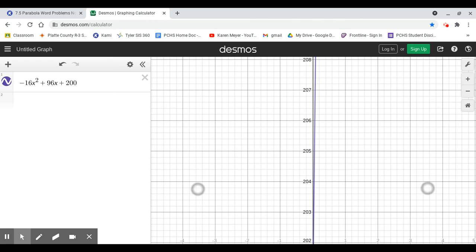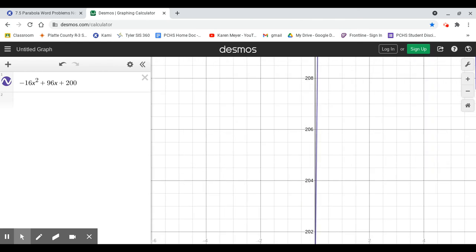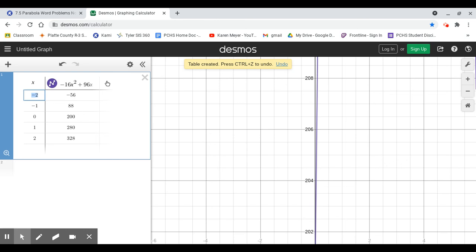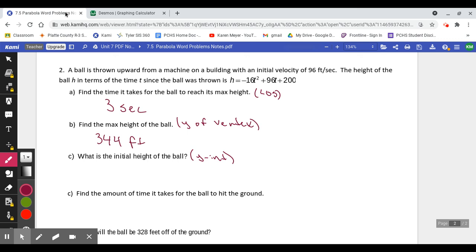You'd have to stretch it apart farther, or it might be easier to just go to the table, and right next to 0 it says 200. So I would say it is at 200 feet.